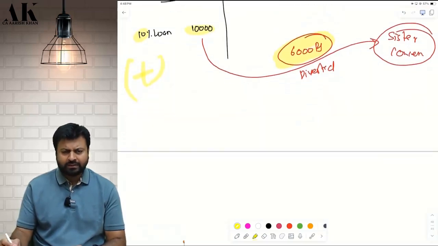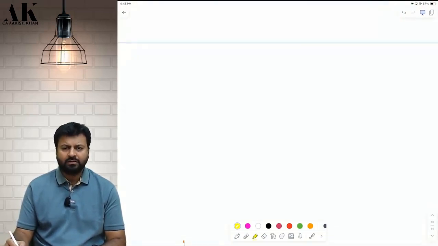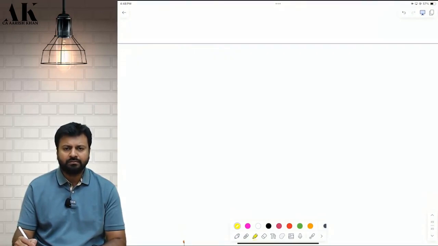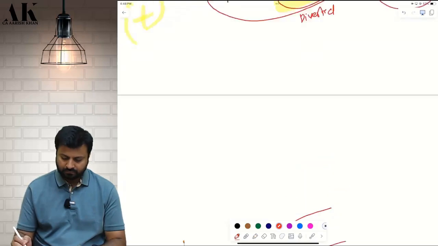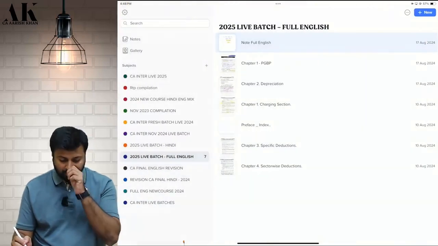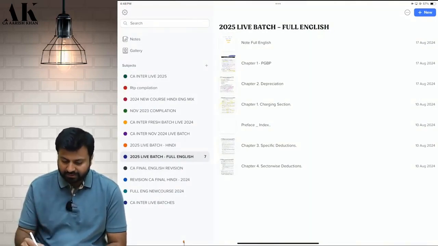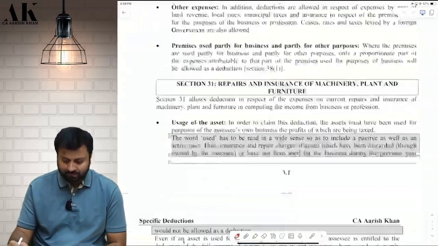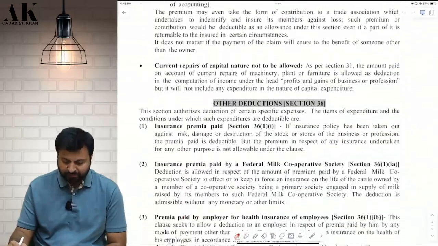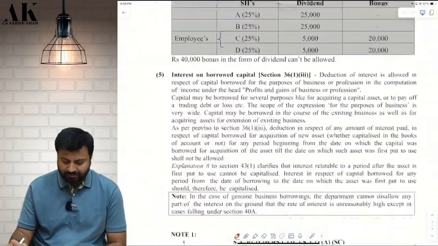So these are some of the few things in this particular section. Now I will try to do some more things over here, because there are a few things I would like to speak about. Pay attention please, all of you. I have some questions for all of you with respect to this section, that is section 36(1)(iii).